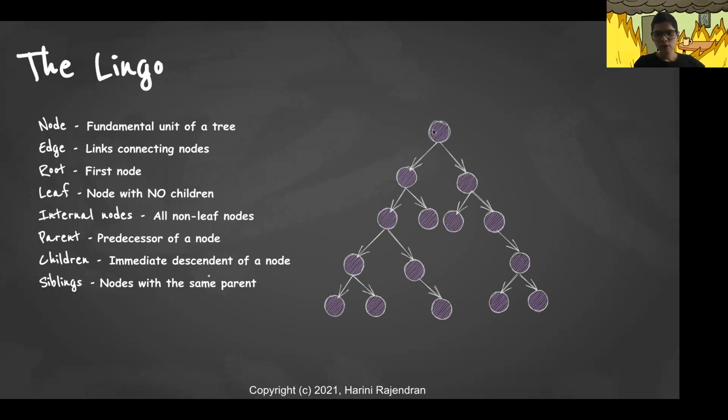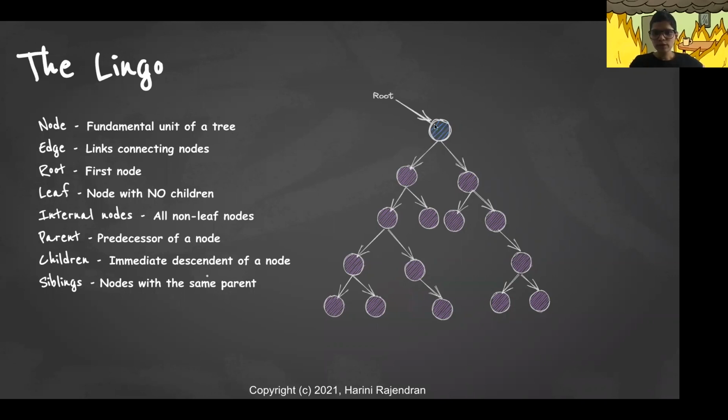In this diagram, all the circular pink structures that are present are called the nodes. The nodes are the fundamental units of the tree. And the links that are connecting each node, which are these arrows, are called the edges of the tree. So these are nodes and edges. So a tree is nothing but a collection of nodes and edges.